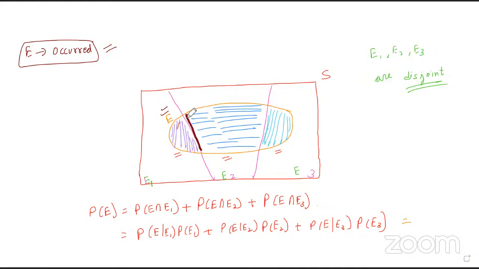If it appears in this region, again it would be considered to have occurred. Or if it occurs in this region, it would still be considered to have occurred, right? Is this clear?